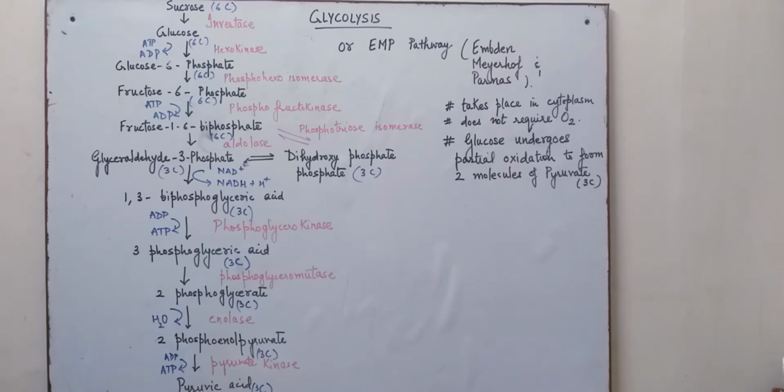So glycolysis is also known as the EMP pathway or Embden-Meyerhof-Parnas pathway.